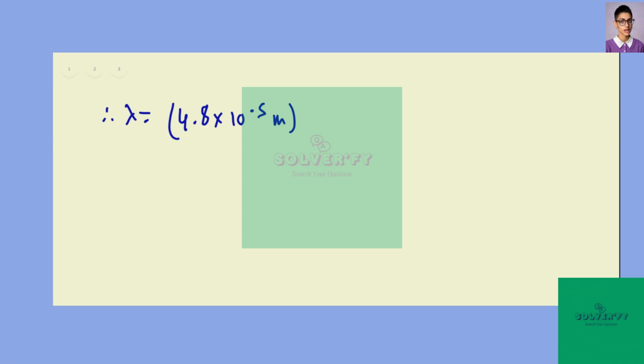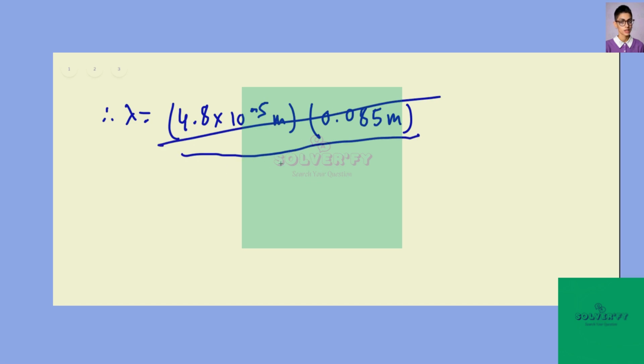Delta x is the length of the separation of the two fringes on the screen. So that will be 8.5 centimeters, which divided by 100 is 0.085 meters. Divide that by L, which is 6 meters.